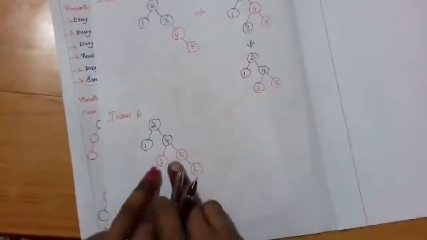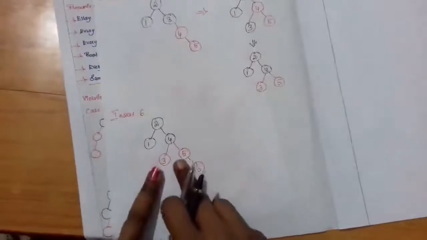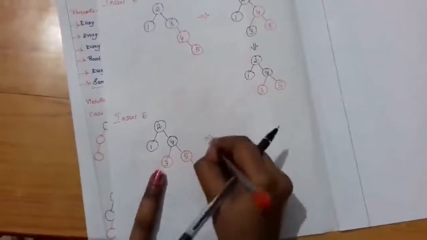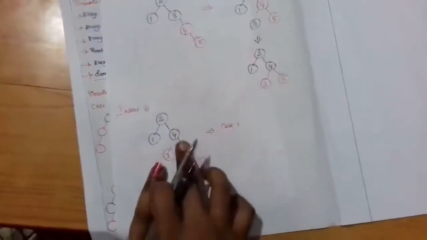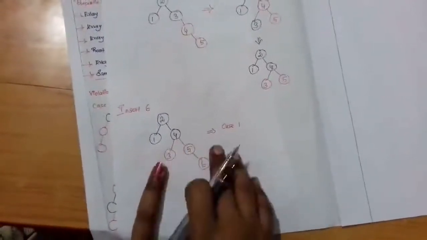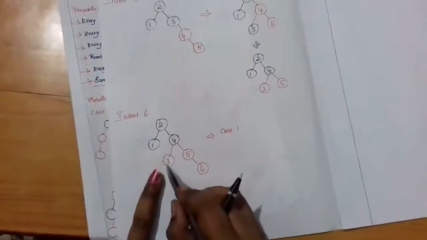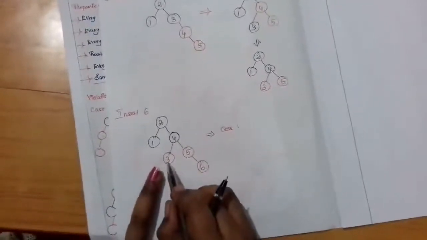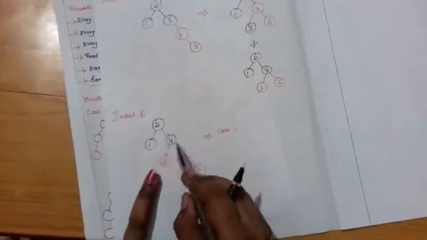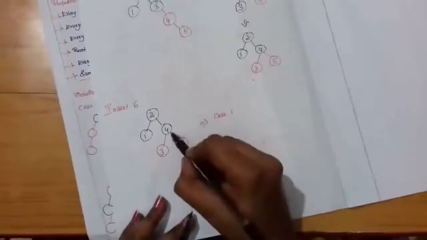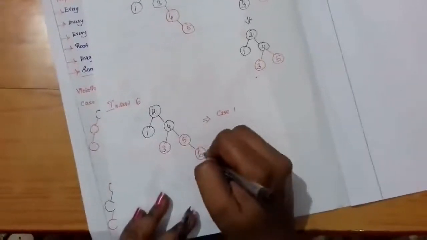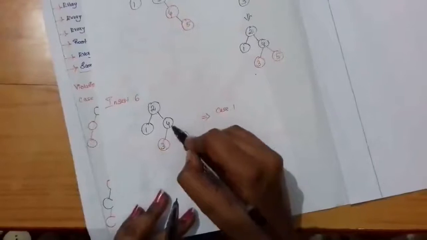Okay. So again we get a red on red relationship. In this case we have case 1. We have the same color of nodes in both paths, but we don't have any sibling for this child. So what are we going to do? We are going to change the parent's color to red, and subsequently we change the colors of the child nodes. The parent attached to the node violating the property is 4, so we need to change the color of 4 to red.